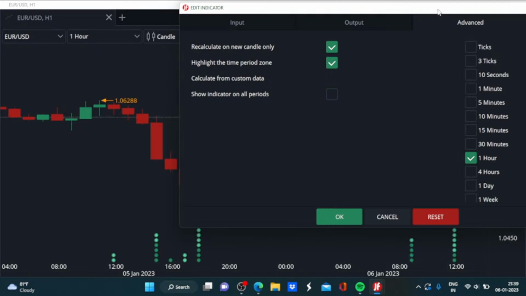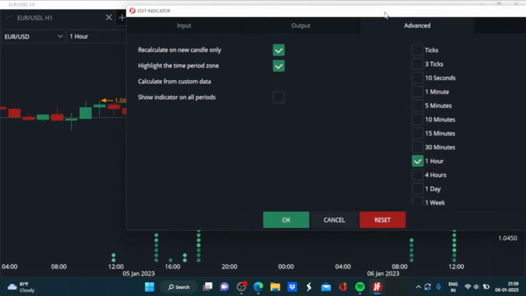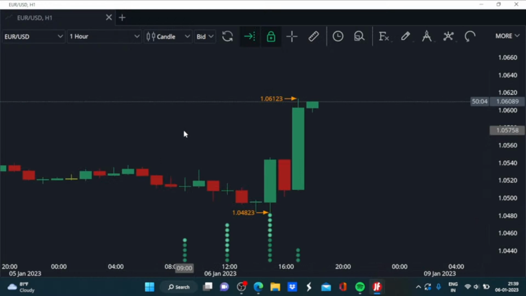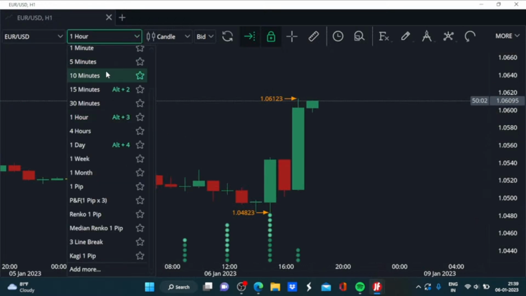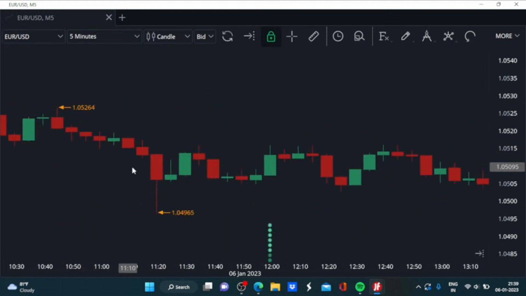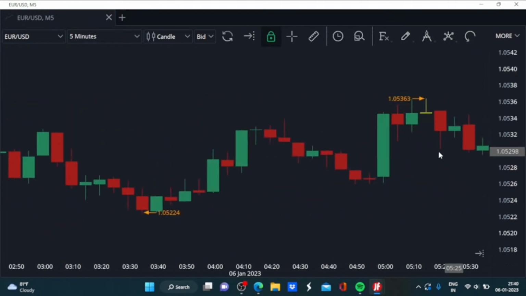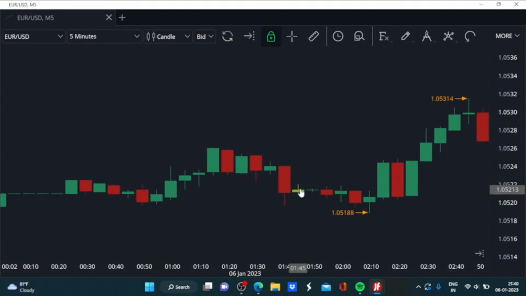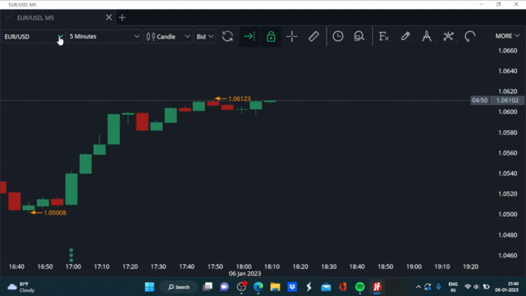Whenever we have opted out of this option, we have to specify on which particular candle periods we want these gravestone doji formations to be highlighted on the chart. Now that I have opted for 5 minutes and hourly, only on 5 minutes and hourly will we have this pattern recognition.